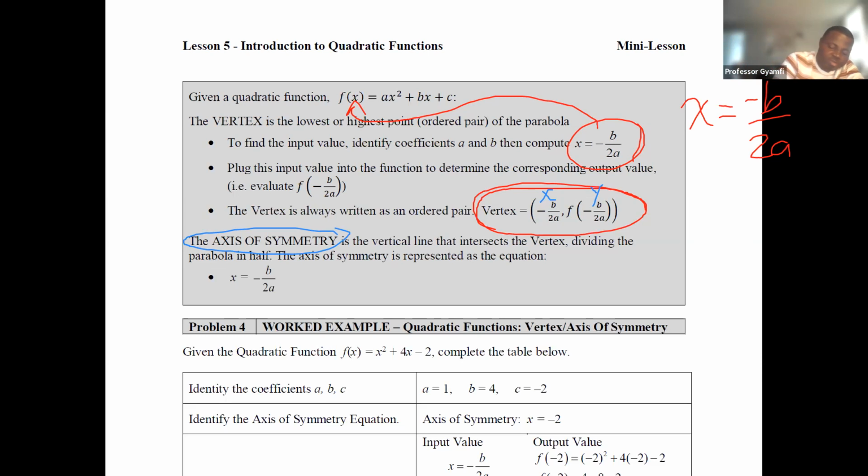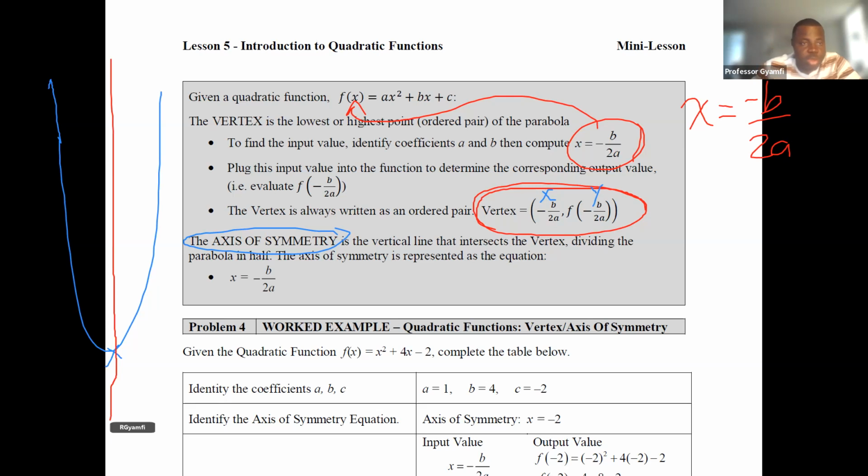So if I have this parabola and this is my vertex, the axis of symmetry is going to be a line that goes through it, like that. This line is my axis of symmetry.